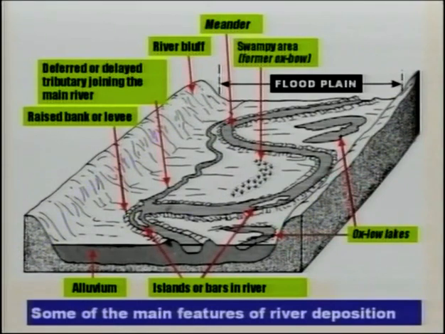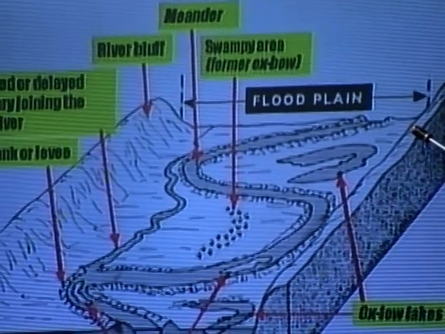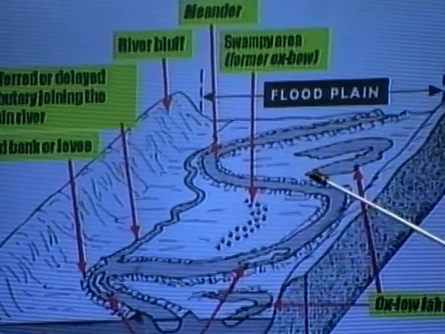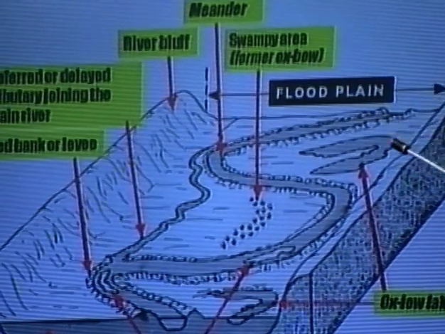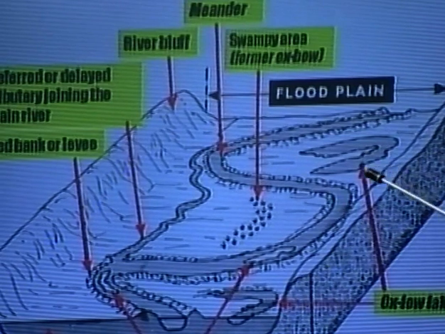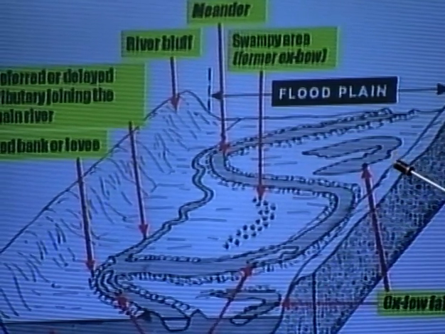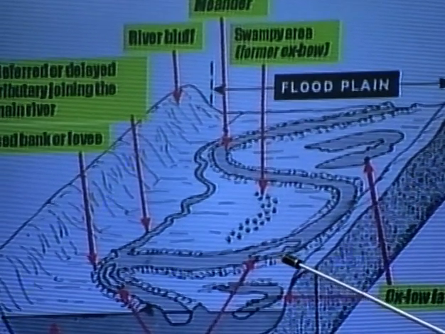The floodplain is this flat area here, which has been formed as a result of erosion and deposition of the bend. Then we have features like the oxbow lakes, or billabongs, as the Australians call them. We also have features such as sandbars or point bars, which are created.